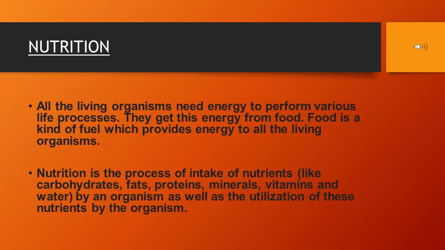So nutrition can be defined as the process of intake of nutrients and its utilization by an organism in various biological activities. Okay, so champions, what I am trying to say is that intake and utilization of nutrients is simply known as nutrition.